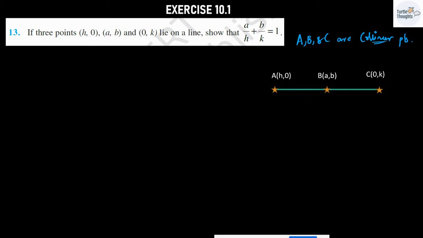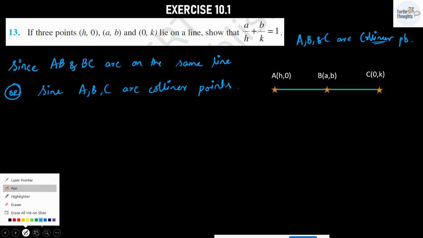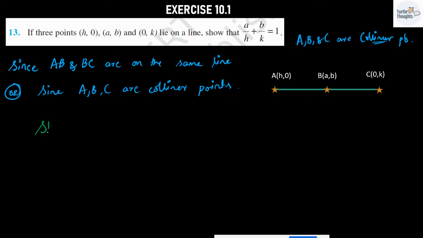Yes. So I can write that slope, since AB and BC are on the same line, or you can tell, since A, B, C are collinear points, I can tell that the slope of the line AB should be equal to the slope of BC.